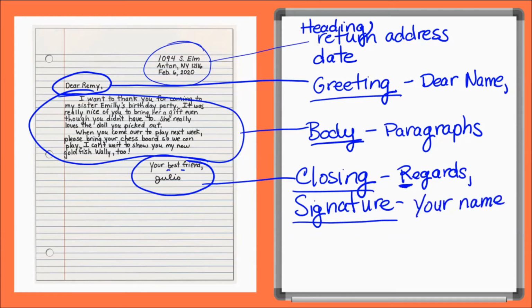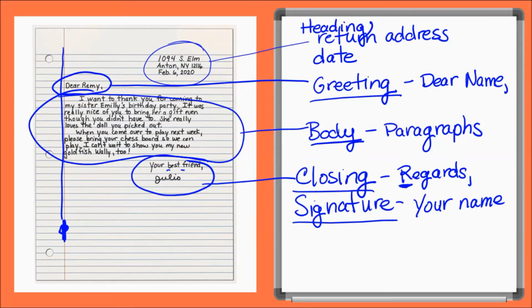Now, after we have done this, I want to speak to you about how we can put all of these parts on one single page. On your copybook, you will find this margin. It is this red line in your copybook. Most of your letter is written after the margin.